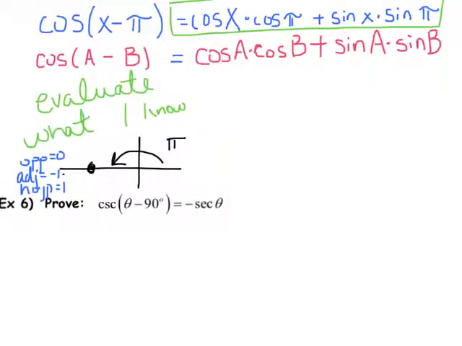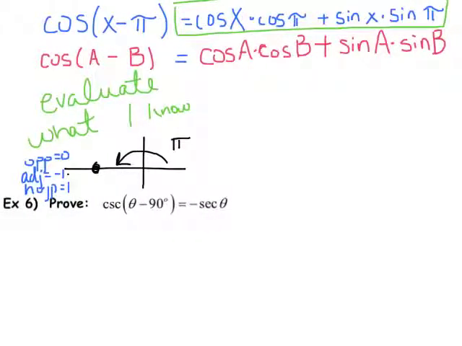All right, so once again, I'm going to evaluate cosine of pi, and I'm going to evaluate sine of pi. So cosine x, I don't have any way to evaluate that because I don't know what x is. So I'm just going to rewrite cosine x times.